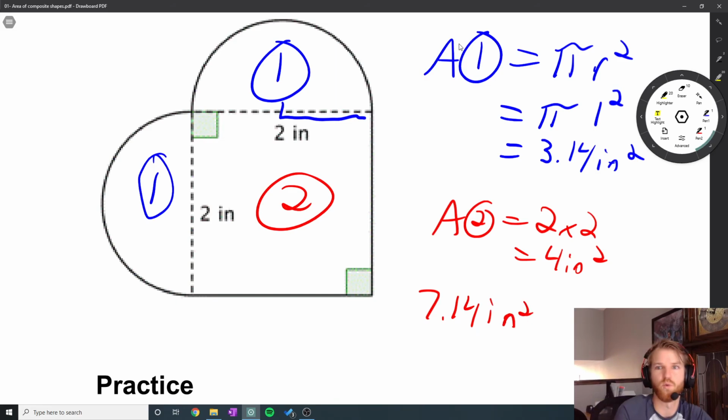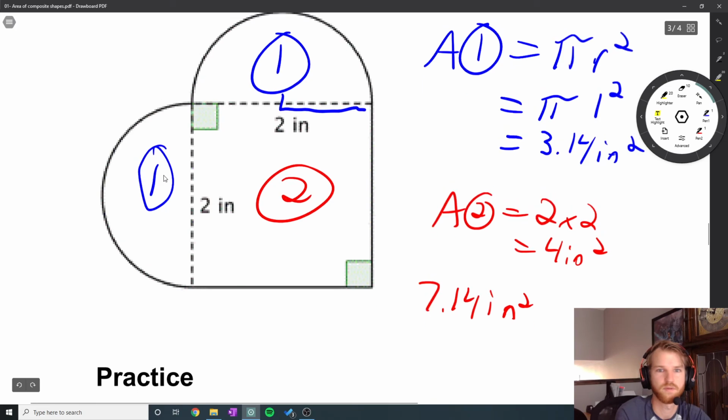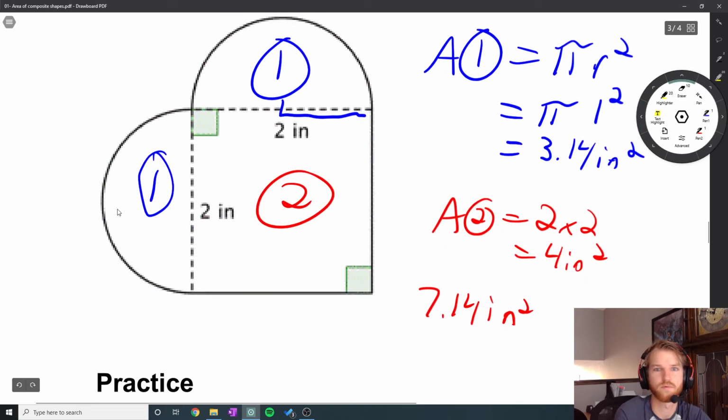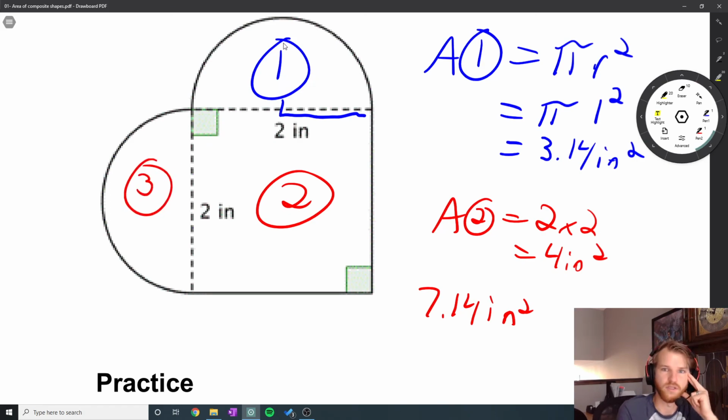So when I did this, that was imagining these 2 halves of a circle being all the way together. If I wanted to do it in 2 parts, say I call this one shape 3, and I just wanted to calculate the area of this half of a circle, all I would need to do is divide by 2.